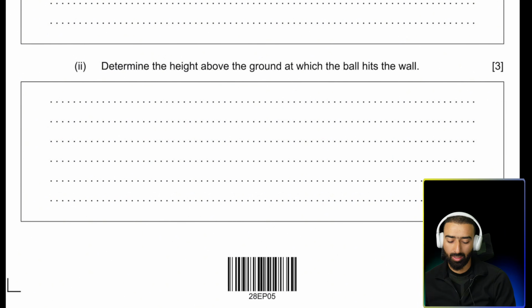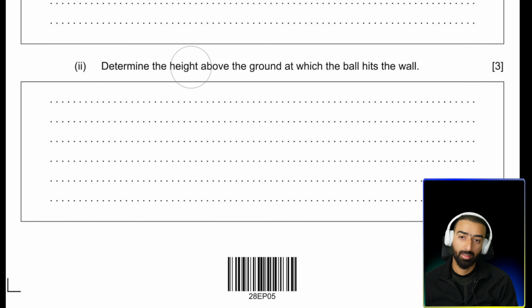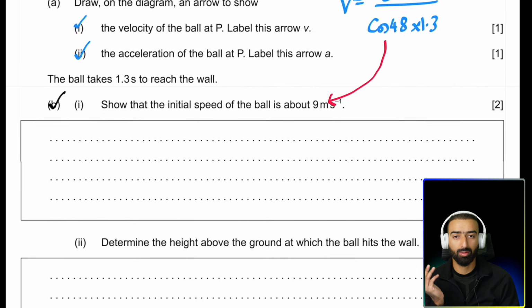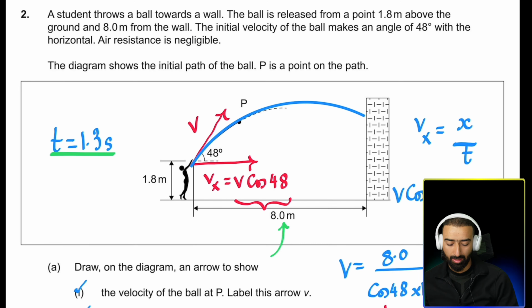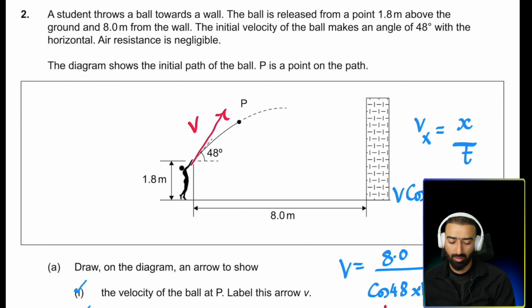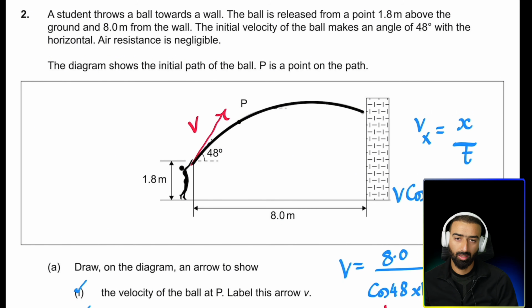Next up, we are supposed to find the height above the ground at which the ball hits the wall. So if we go back to the question, they are asking us to figure out the vertical height. So if the ball travels along this path and it hits the wall, they want us to figure out this vertical distance.